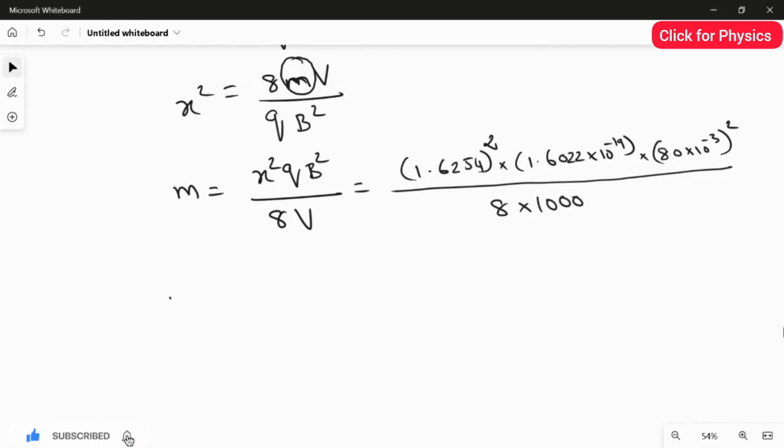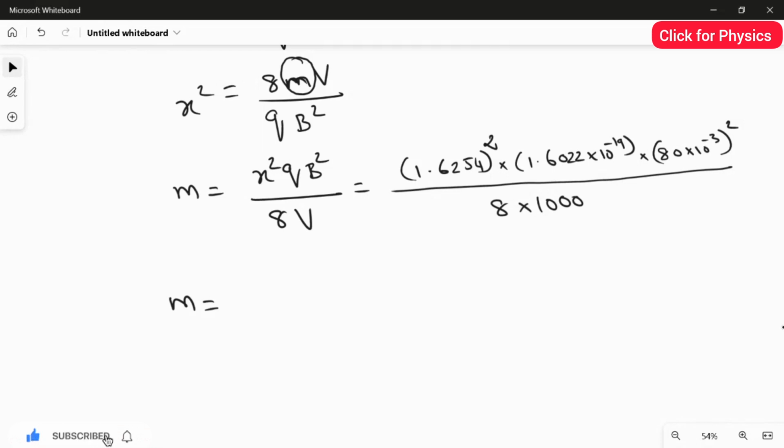So now I have to find the value of the mass. Let's see what the answer is. 1.6254 squared multiplied by 1.6022 10 to the power of minus 19 multiplied by 80 10 power minus 3 squared over 8 multiplied by 1000.